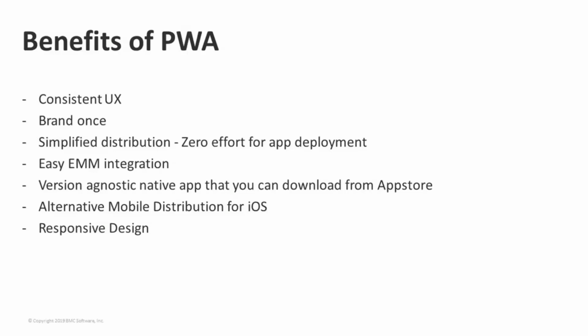The second is, when it comes to branding, you are only branding it once. We have a new branding tool where you go and brand the application, and then you apply it. It gets published onto the server, and that's it, right? Every client uses that branding when you log into the application. You just have to do that once.